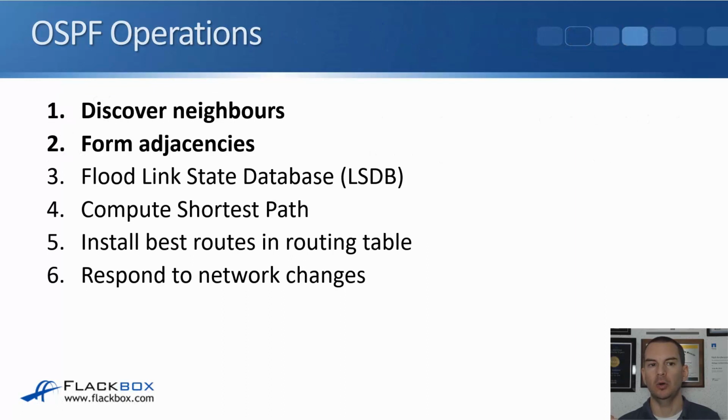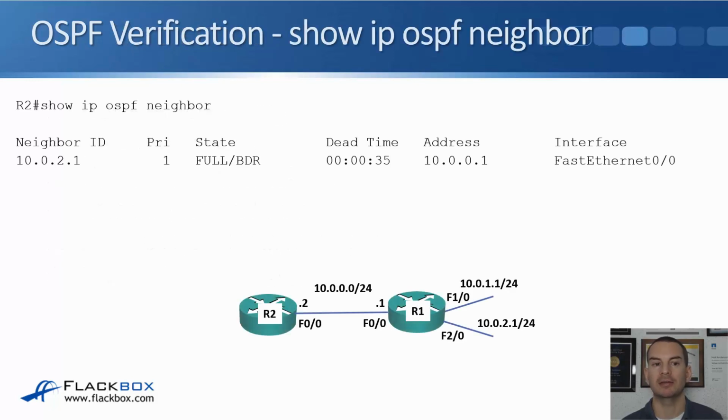Now the OSPF operations that run in the router after you enable it. The first thing it does is it discovers neighbors and forms adjacencies. So if you're going to verify that OSPF is working, it makes sense that the first thing to check is that it has been able to form adjacencies. The command to check that is show IP OSPF neighbor.